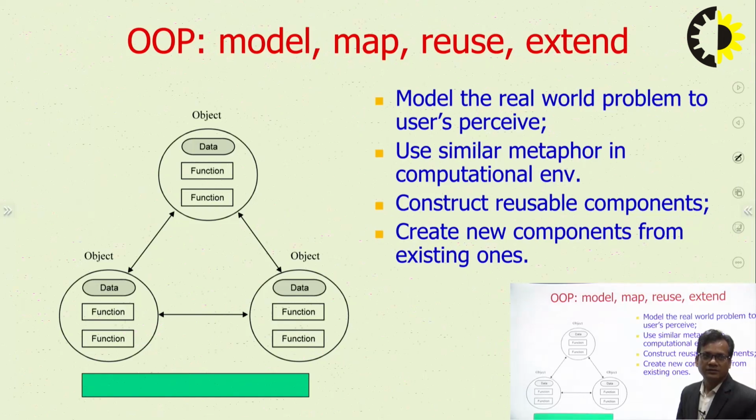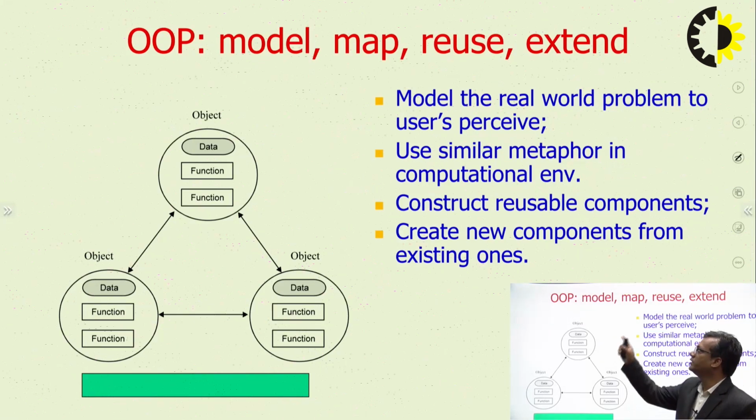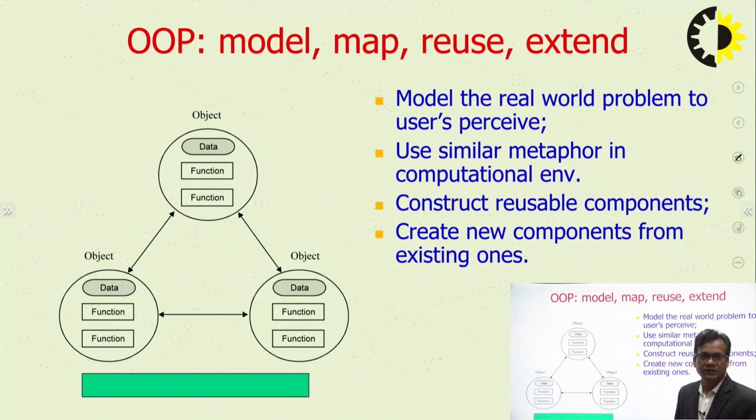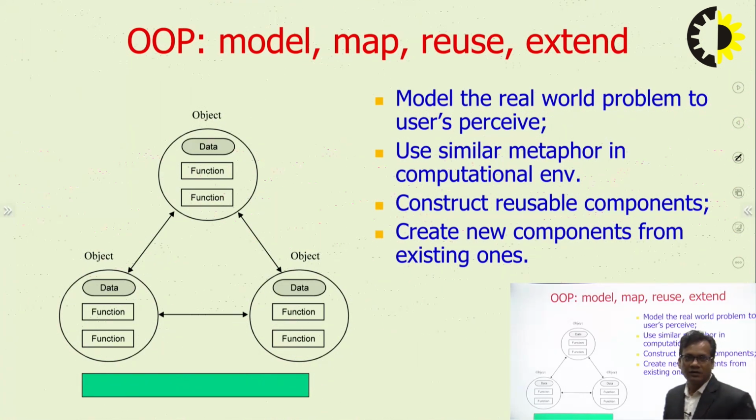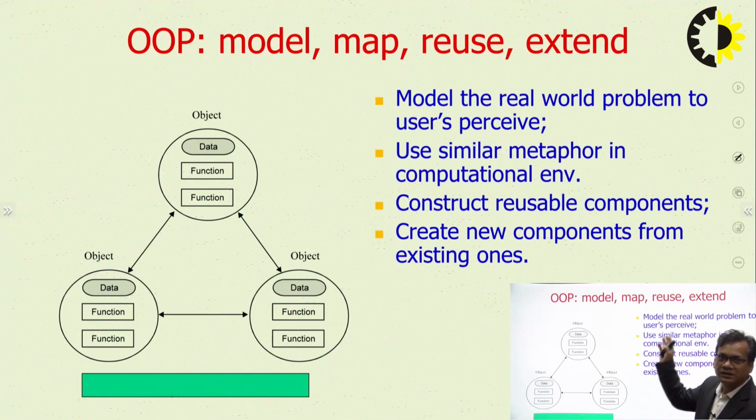So let us start with the object oriented programming concept. This concept basically works on some key terms: model, map, reuse and extend. What does model mean? Model is basically the real world problem as the user perceives it.